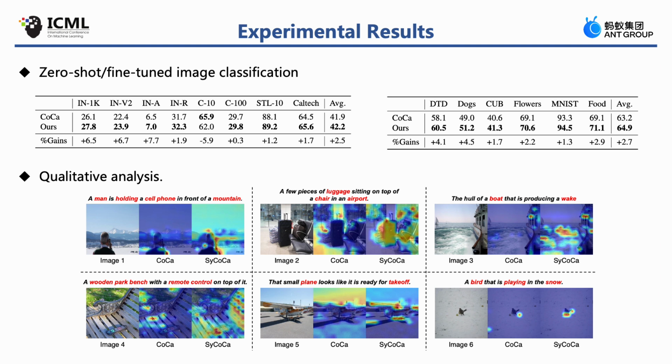We can observe that SyCoCa can capture fine-grained visual elements related to informative words in the text. All these results demonstrate the effectiveness of incorporating bidirectional predictions in SyCoCa to enhance the understanding and differentiation of fine-grained elements within the visual representation domain.